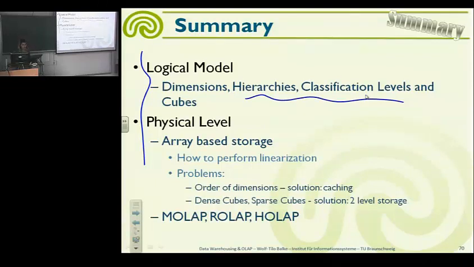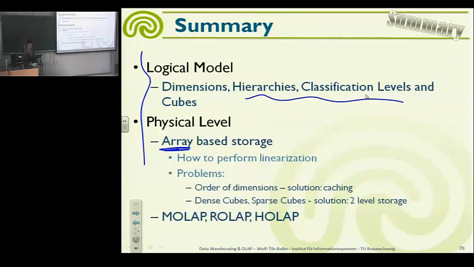And then we moved on to the physical level, and we looked at how we can store the actual data, whether it's through a multidimensional model or a relational model. And in the multidimensional model, the basic structure was using arrays, and then we saw how we can linearize the arrays on the disk, because we have to access it sequentially.